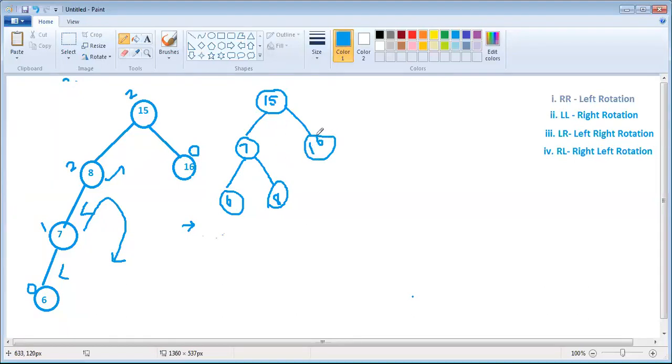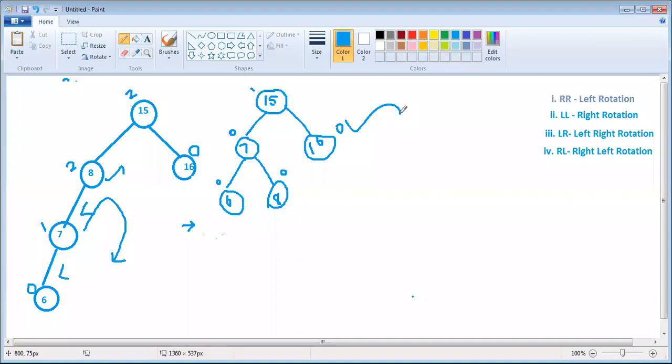When I'm checking, all the nodes will again be balanced. That is, this is 0, this is also 0, this is also 0, this is 1, and this is also 0. So perfect BST and perfect AVL, correct guys?